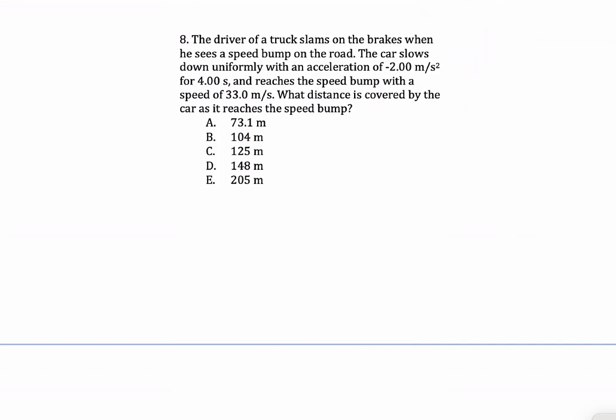Now we have a small issue here. If we try to use the second law, we don't know the v initial. We know the acceleration and the time, but we don't know the v initial. So maybe we need to use the third law.